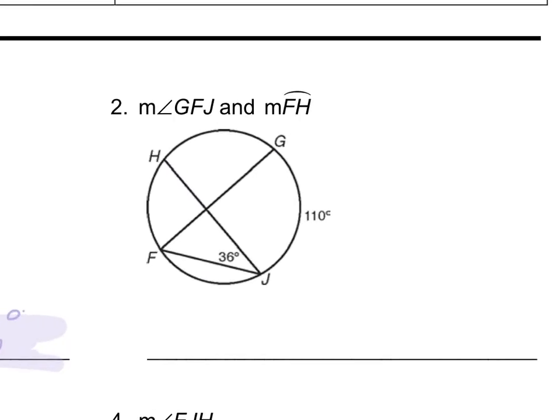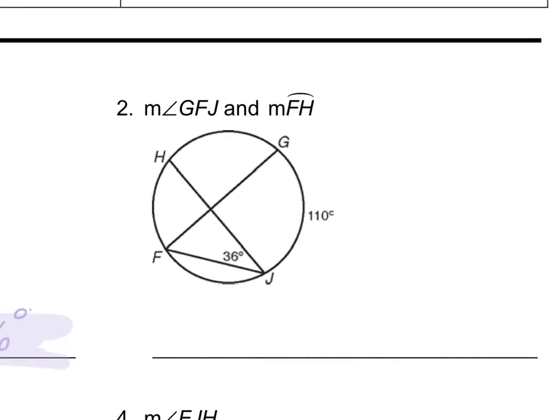Okay, going to number 2. So we need to find what the measure of angle GFJ is. So we start at G, go to F, and then J. So this angle subtends this arc, and we know that the angle is half the arc, so angle GFJ is 55 degrees.